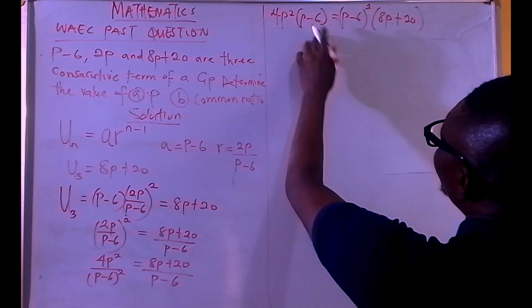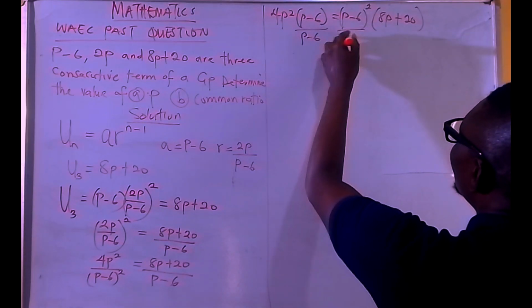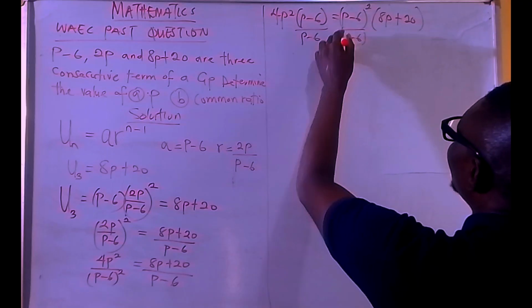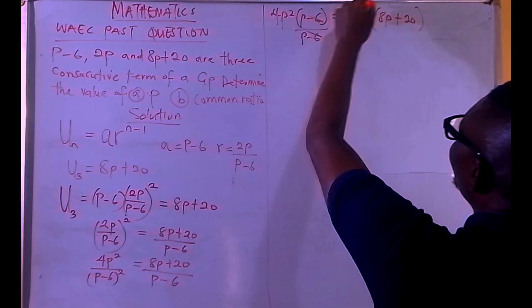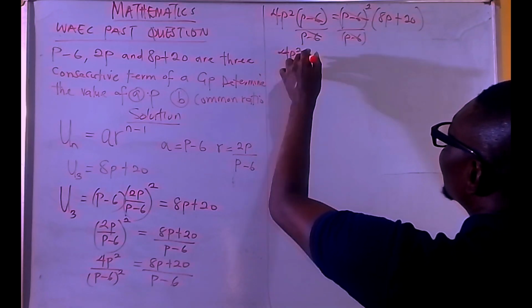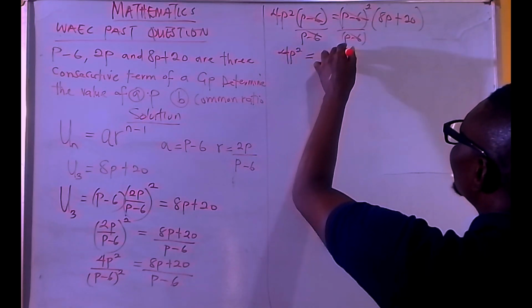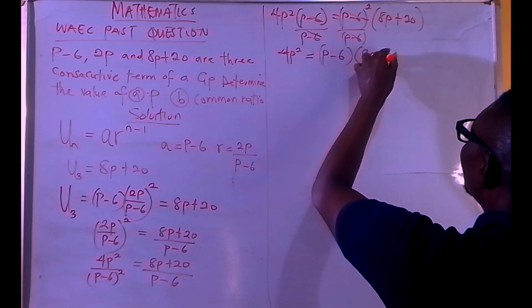At this point, we can still divide all through by P minus 6. Therefore, this will cancel this. This will cancel this. You are left with one of this. So you have 4P squared is equal to P minus 6 into 8P plus 20.